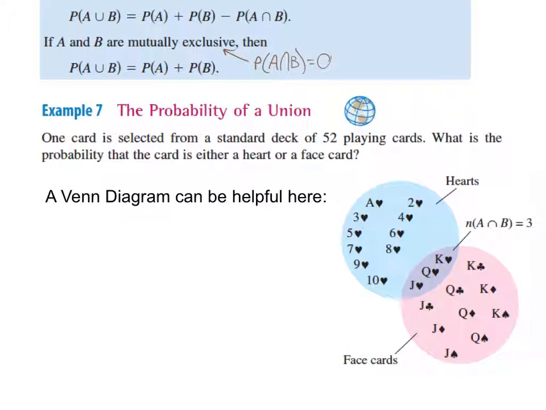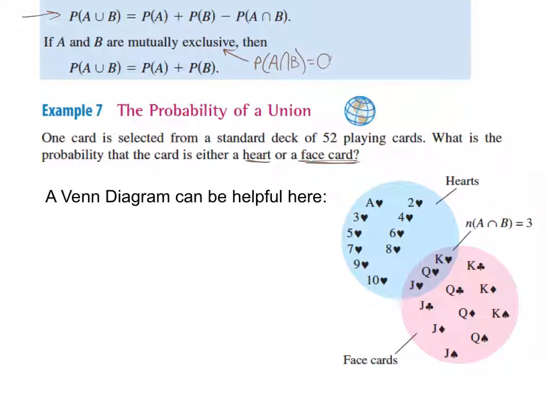Looking at this Venn diagram, are these two sets, the hearts and the face cards, mutually exclusive? No. There's the King of Hearts, Queen of Hearts, and the Jack of Hearts that fall into both sets.